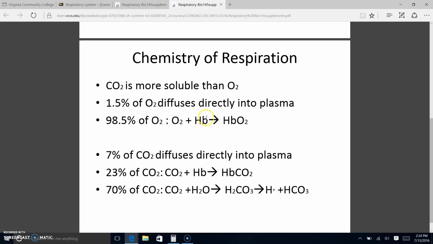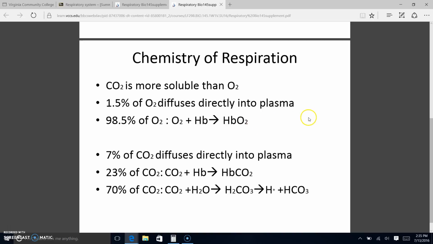It joins hemoglobin. This Hb here stands for hemoglobin. Oxygen joins it, and of course that's occurring in a red blood cell, and it forms a product called oxyhemoglobin. And basically the oxyhemoglobin carries the oxygen in the blood.